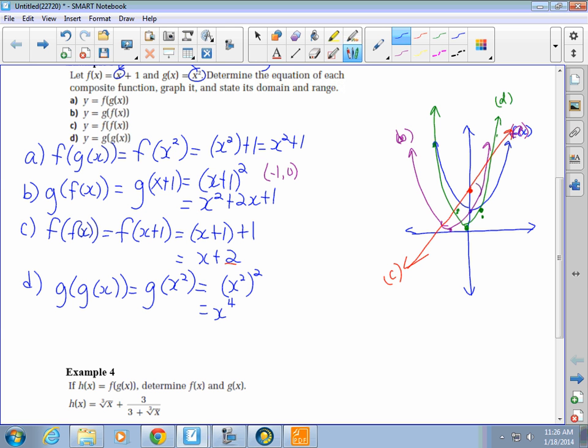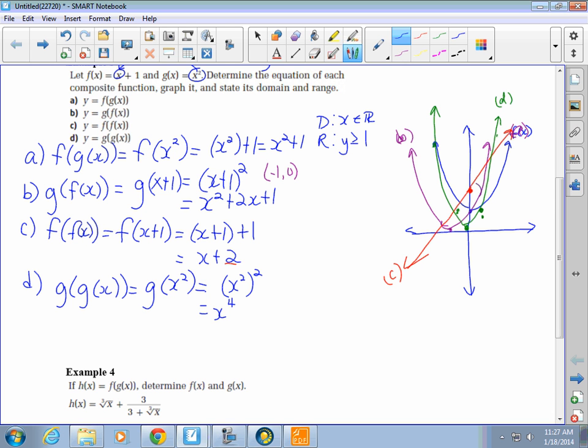So the question asks to state the domain and the range of each of these functions. For A, that was my blue graph, my domain is all real numbers. My range for this one, y had to be greater than or equal to 1.